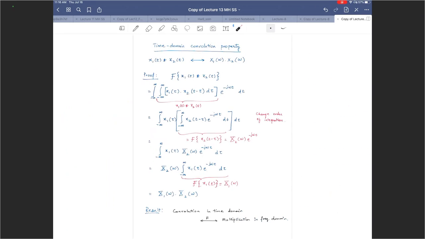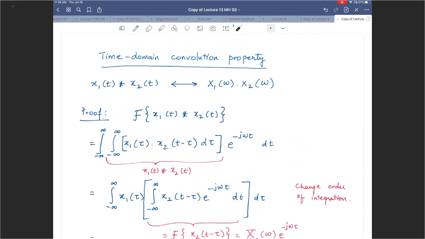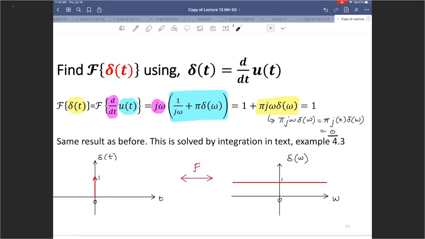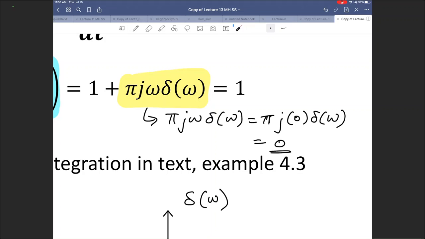All right. Next, let us take a look at the time domain convolution property. Omega is 0 because when you multiply a function with an impulse, you need to evaluate that particular function where the impulse is valid. The impulse is valid only at omega equals 0. So you need to evaluate this when omega equals 0. In this case, it'll cancel out because there is an omega right here in the scaling.